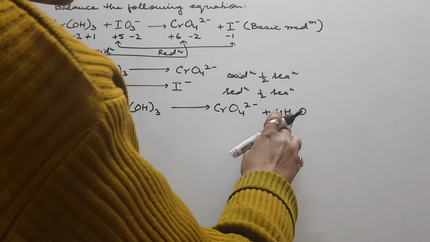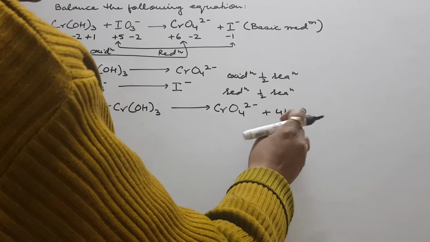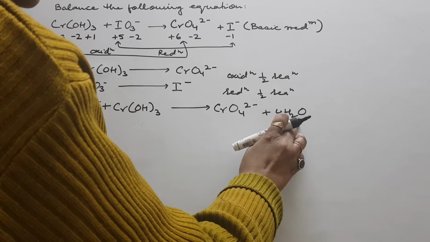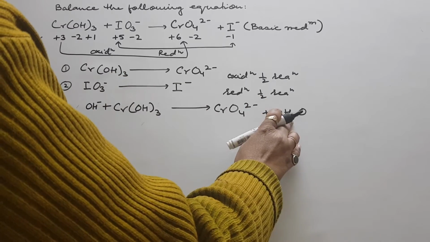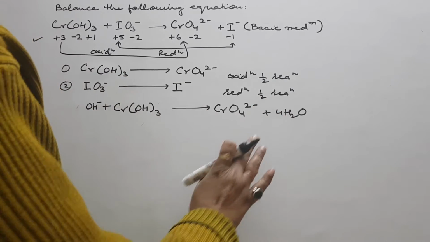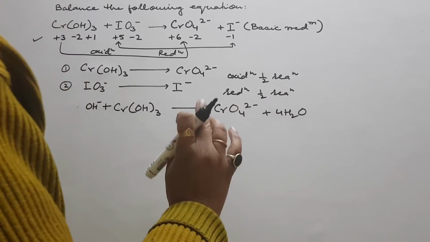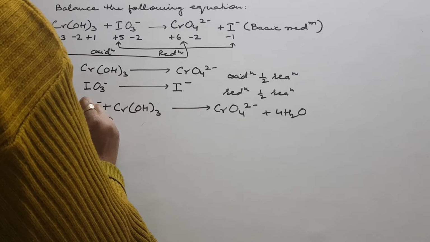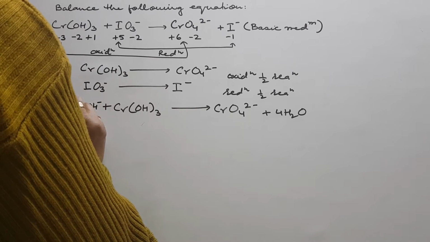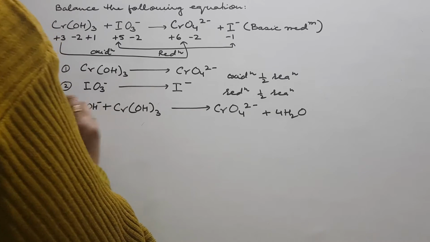Why, children? Actually, I just wanted 4 H. But you see with this 4H2O, actually I've got 8 H and 4 O's. So out of 8 H, 4 were really required. But 4 H and 4 O were not required. So I will have to again write an equal number of OH minus ions on the opposite side.